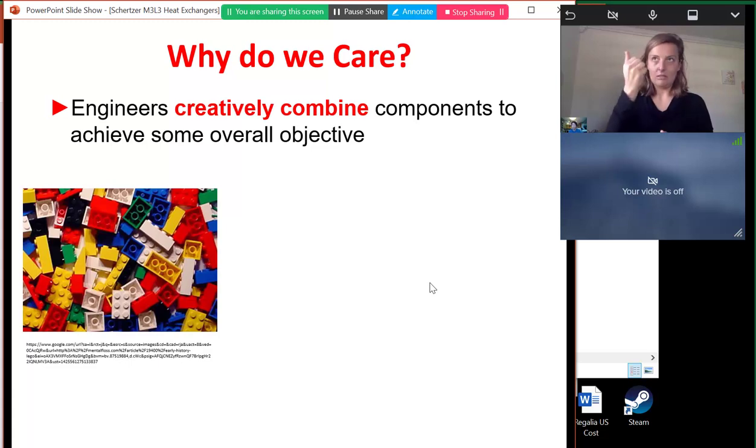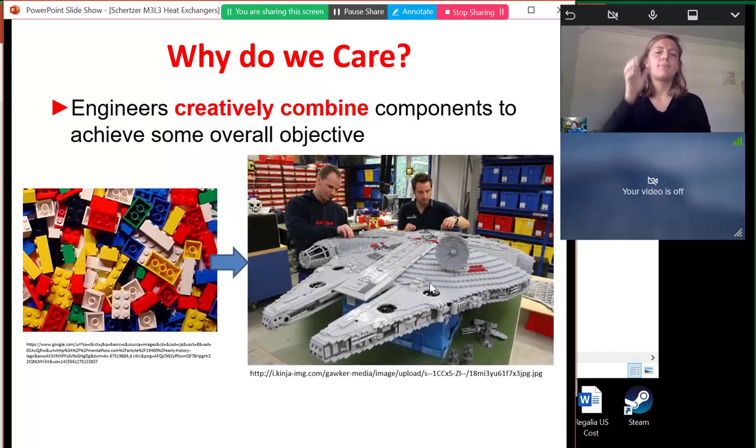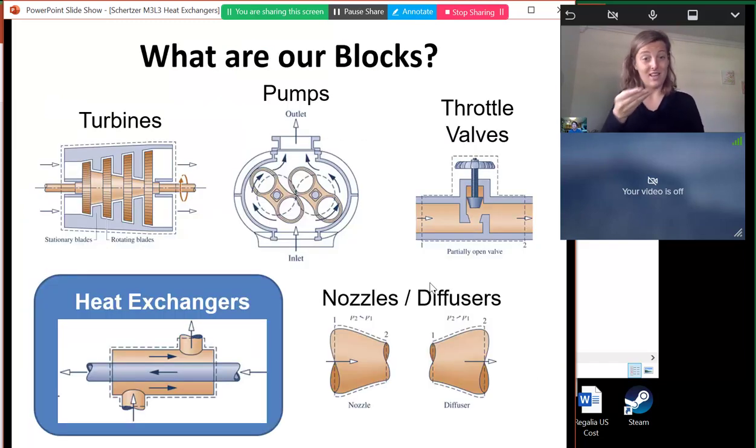And when we were in thermo, we were saying that the reason we care about heat exchangers is that they can be like Lego blocks in this big cycle, right? We can use these Lego blocks to make really cool things, like power generation cycles. If we understand things like heat exchangers, they're one component that goes into making things like power plants. And one of the components that we talked about in thermodynamics were heat exchangers.